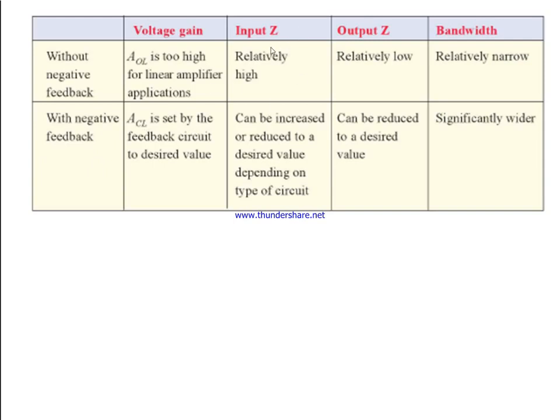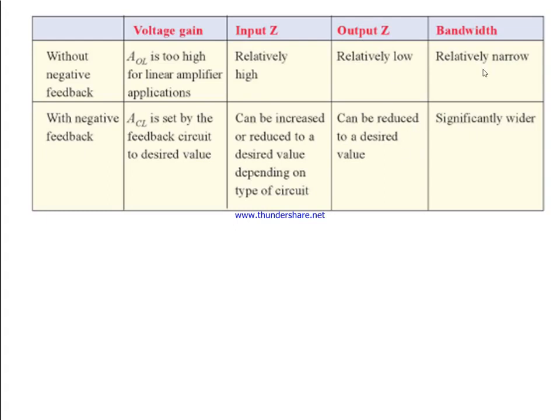Now the input impedance without negative feedback is very high, but with negative feedback it can be increased or reduced to a desired value depending on the type of the circuit. We can both increase and decrease the input impedance. It depends on the circuit. Then the output impedance without negative feedback is low, but with negative feedback it can be reduced to a desired value.